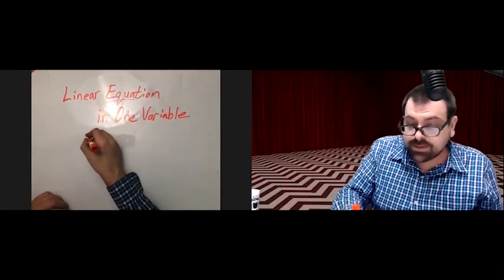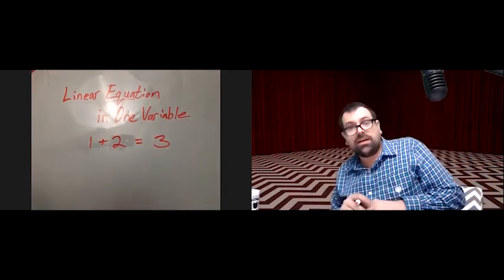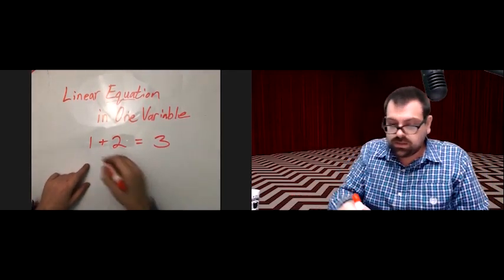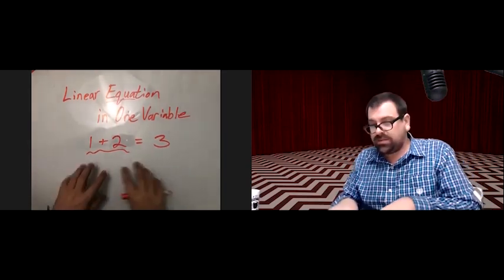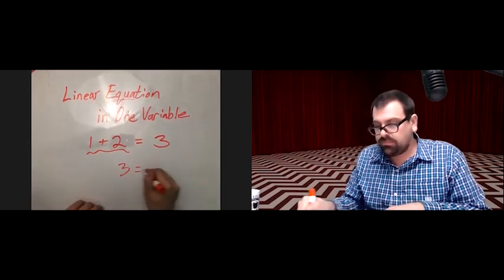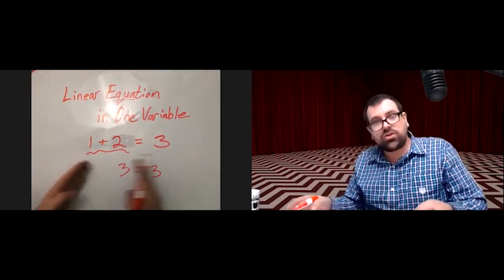For instance, 1 plus 2 is equal to 3. We don't see the number 3 here, but we know that 1 plus 2 is 3, and we know that 3 equals 3. So this equation is true.